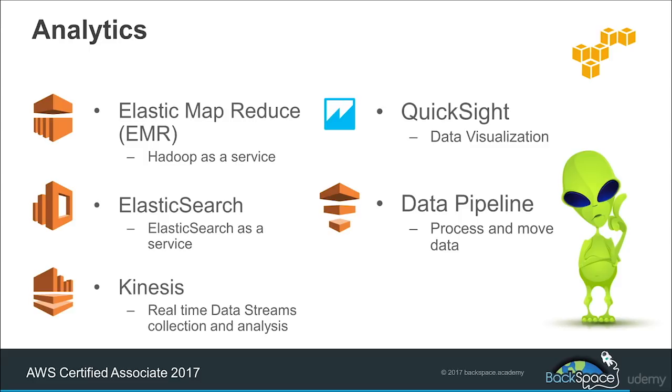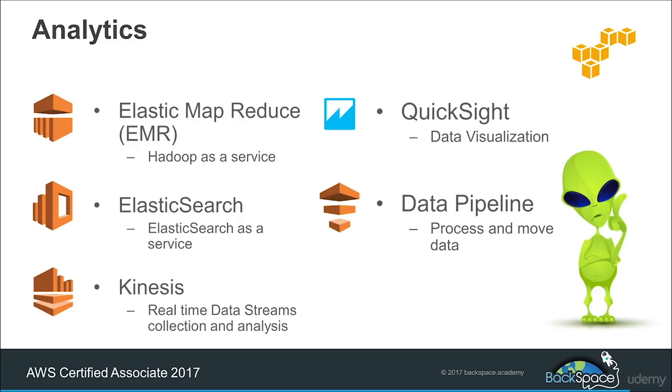We have Amazon Kinesis, which is a very rapidly growing service, and that enables us to collect real-time data as streams and analyze that also in real time, which is really quite powerful, especially when you start talking about things such as internet connected devices and Internet of Things applications, where you're collecting a large amount of data on a real-time basis, and you may want to have access to that data in real time.